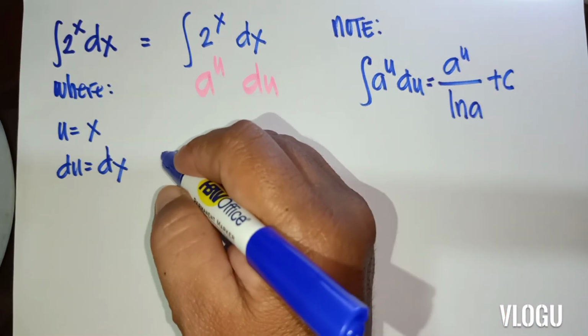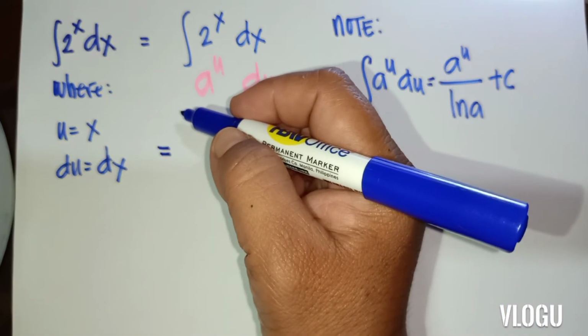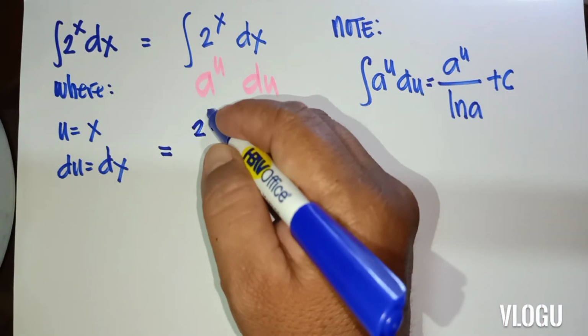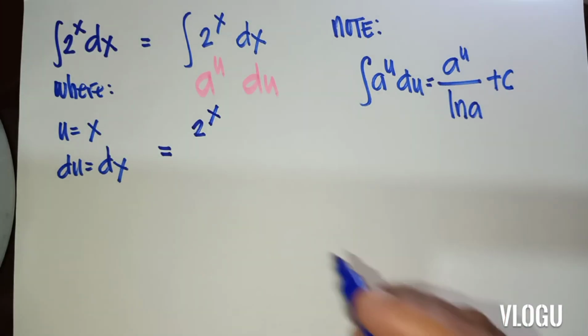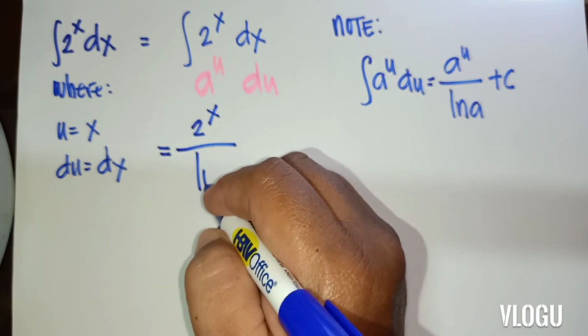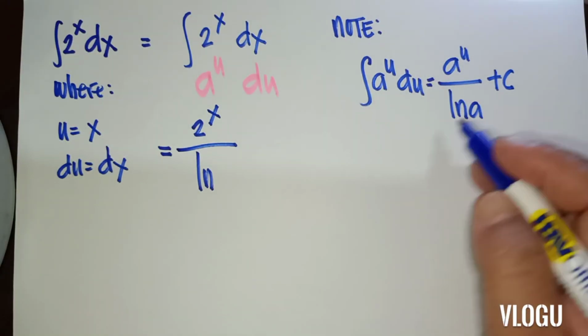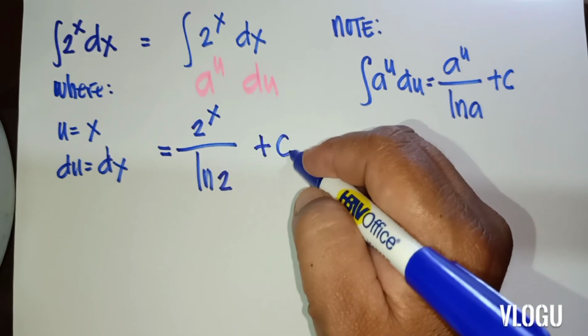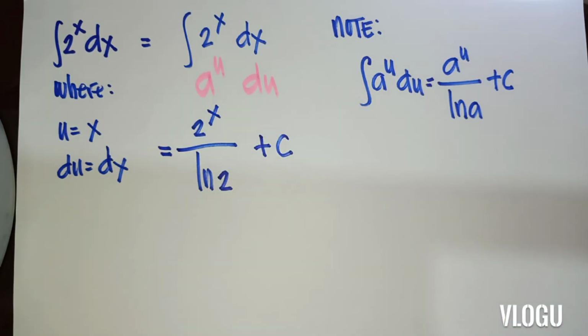Therefore our answer would be equal to a to the u, that is 2 to the x, over ln of 2 plus c. So that is now our final answer.